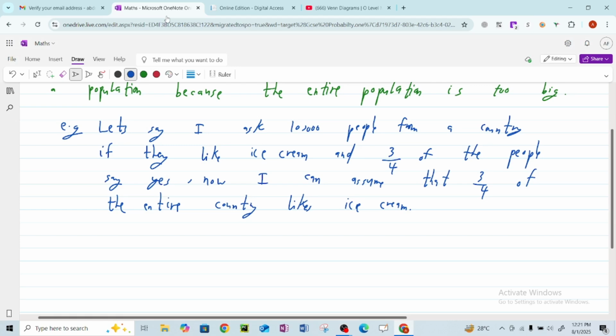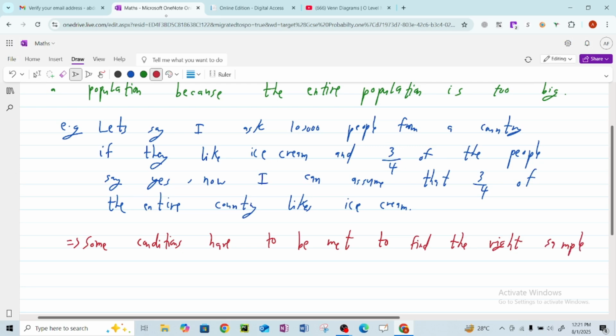But there are also some conditions to this. For example, some conditions have to be met to find the right sample. Let me write them here.